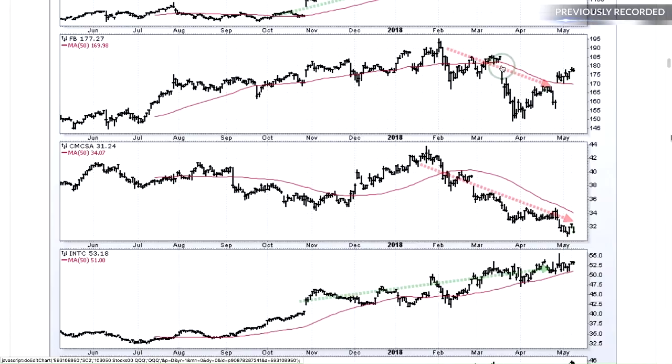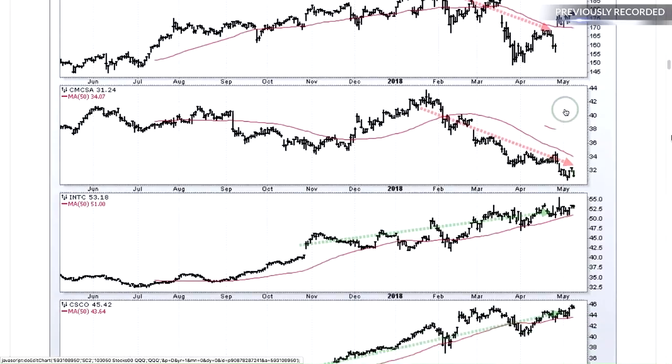To get an island reversal, you would have needed a gap above 80 to create an island where bears would be trapped. So it's a gap down, gap up. The gap up is technically bullish, but I think this is one that would not be on my preferred list. Apple, Amazon, and Microsoft look stronger.